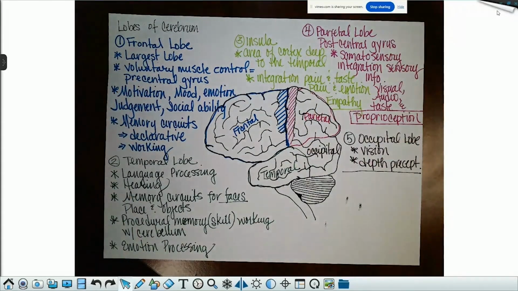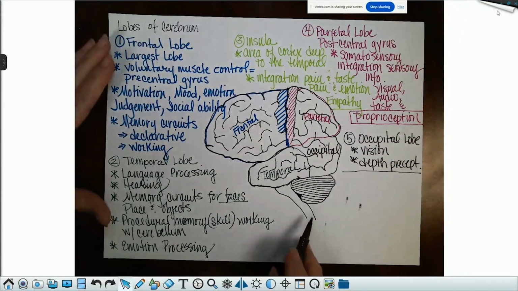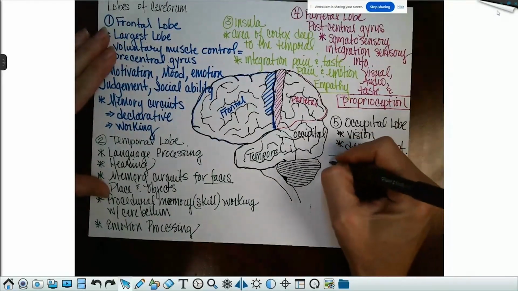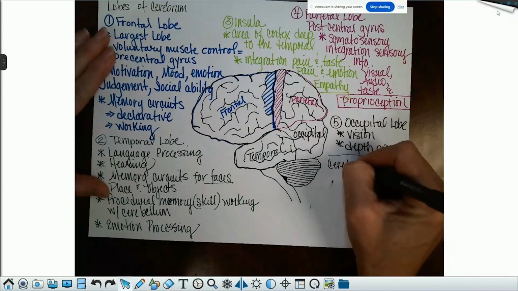So the last thing that we can see here in our lateral view that I'm going to talk about briefly is the cerebellum. The cerebellum is known as the hindbrain. It's also called the "baby brain."